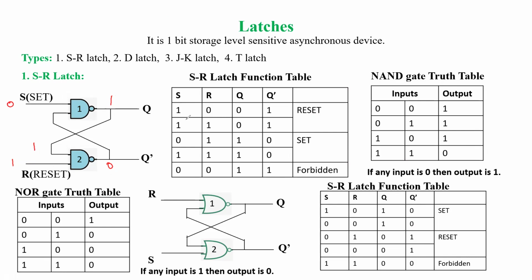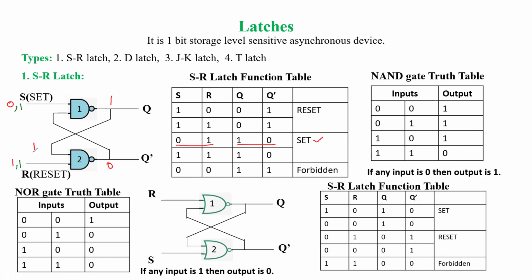Q is 1, so that is called set. This is the third combination. The latch is already in the set state. Now we change S to 1, and R remains 1. Again we see what the output will be.